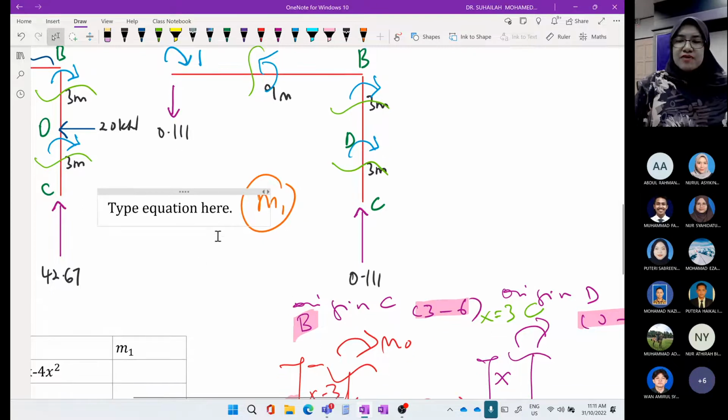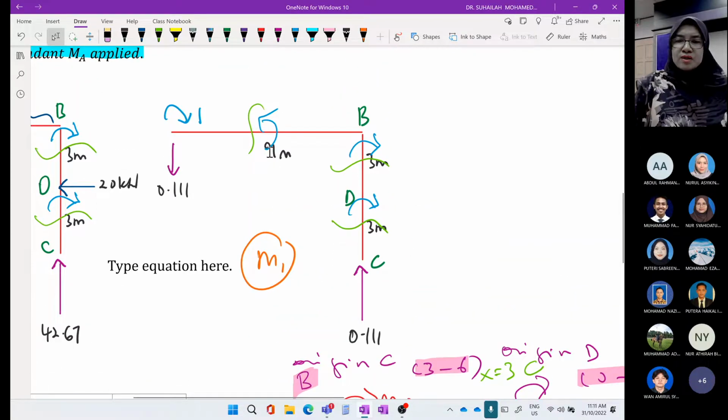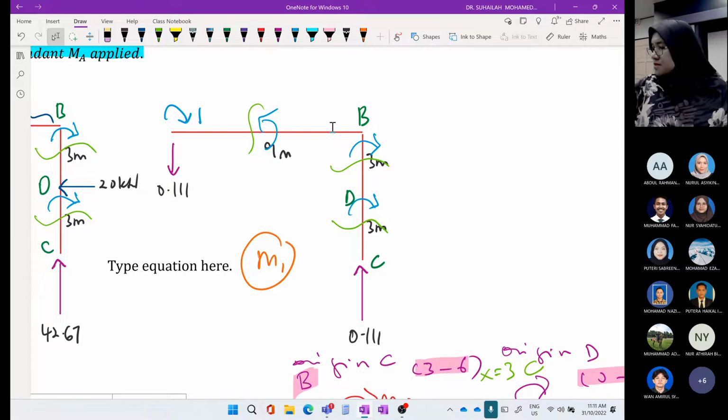Okay, what is the first moment equation for section AB? This is M1 ya. This is M1. What is the moment equation?